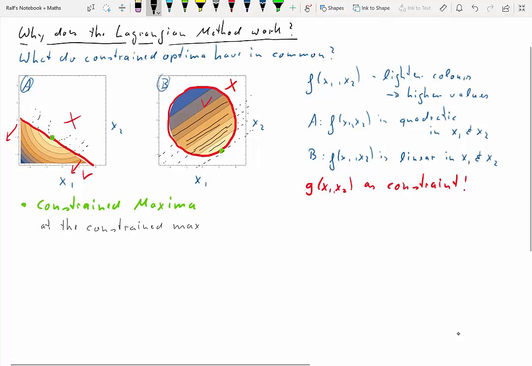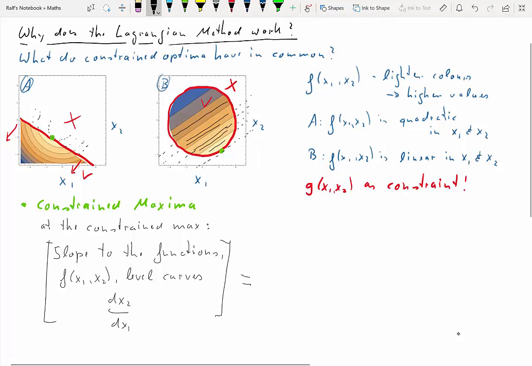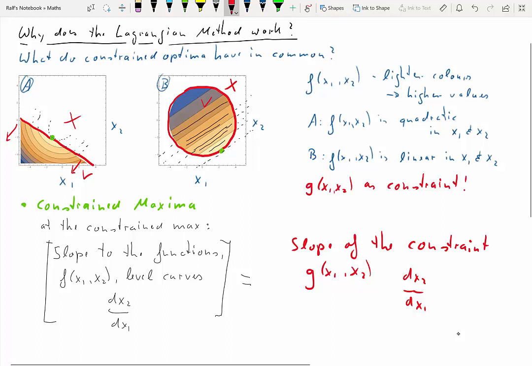So what these two examples at least seem to have in common is that at the constraint maximum, the slope of the function's level curves, as expressed by dx2 over dx1, is equal to the slope of the constraint g(x1, x2), also measured in dx2 over dx1. So this is what both of these pictures have in common: at the constraint maximum, the slope of the function's level curves is equal to the slope of the constraint.